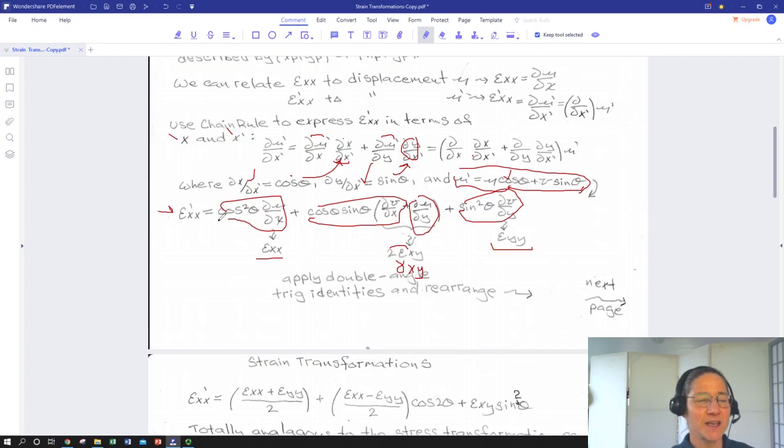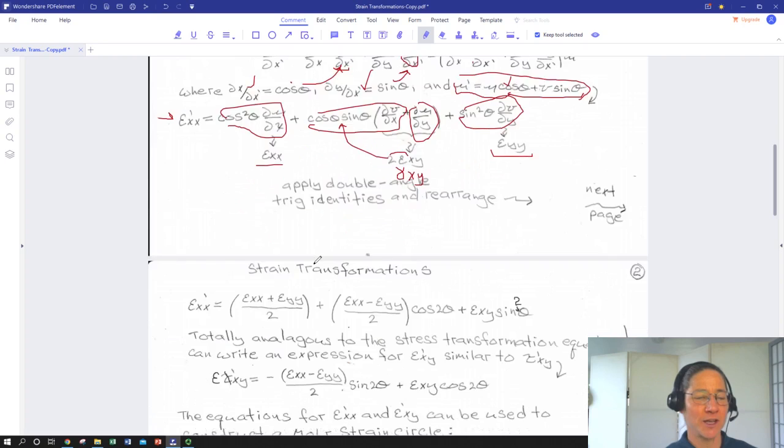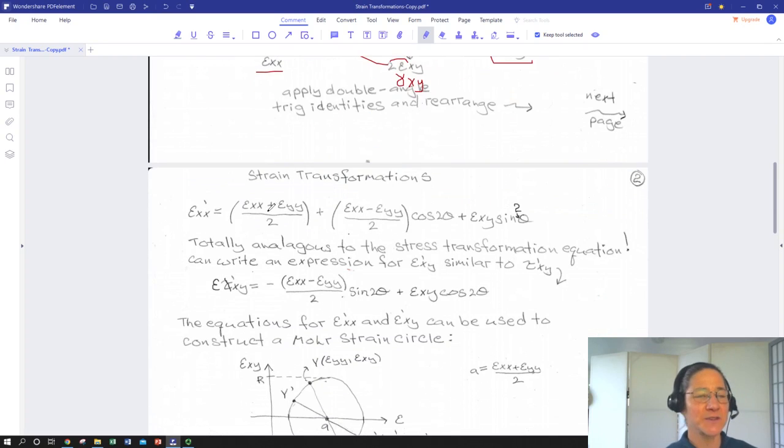So we're going to collect our cosine squared theta, sine squared theta, and apply a double angle formula, and then we're going to use our 2 cosine sine and use a double angle formula and collect some terms, and we're going to be able to express our normal strain in the x direction in a rotated coordinate system, so our epsilon x prime x prime, as 1/2 of the sum of our normal strains in the x and y direction in our reference coordinate system, plus the difference in our normal strains in the reference coordinate system divided by 2 times cosine of 2 theta, plus our tensor shear.